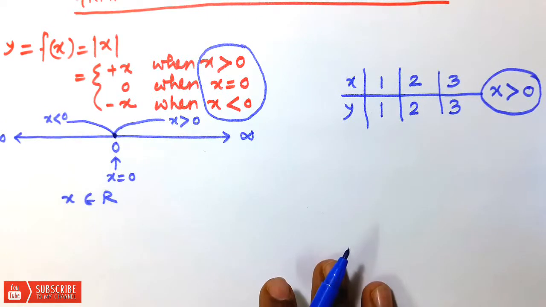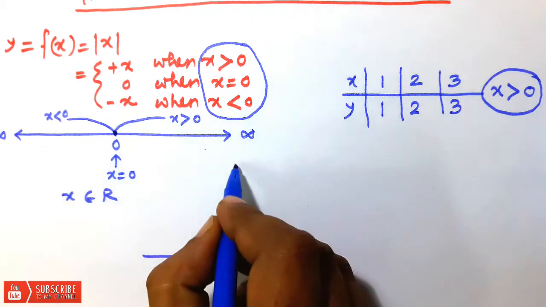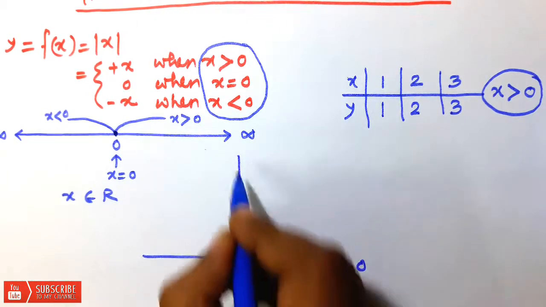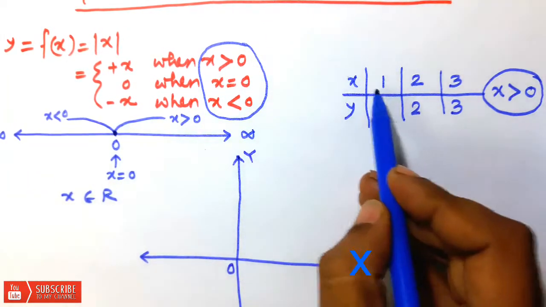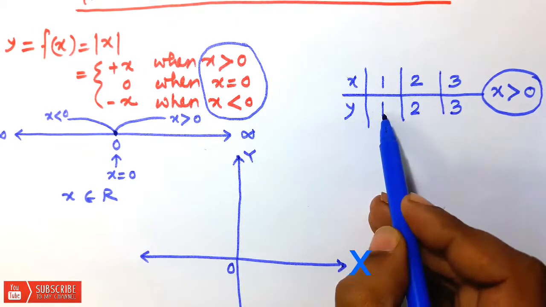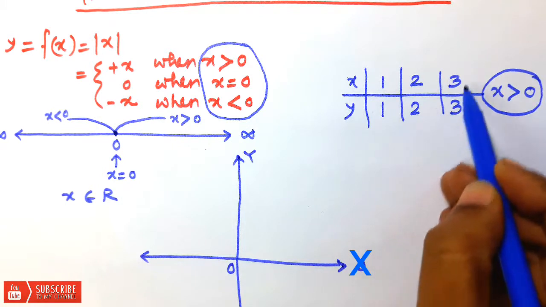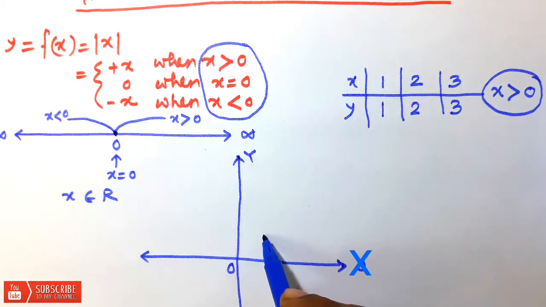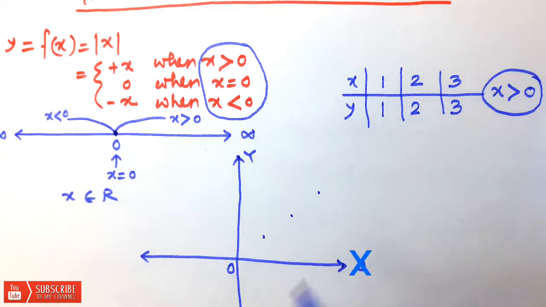Now we shall draw the graph. Friends, see the graph. This is the x-axis, this one is the y-axis, and this is the origin. Now x is equal to 1, y is equal to 1, that is the point (1, 1); the next point is (2, 2), and the third one is (3, 3).